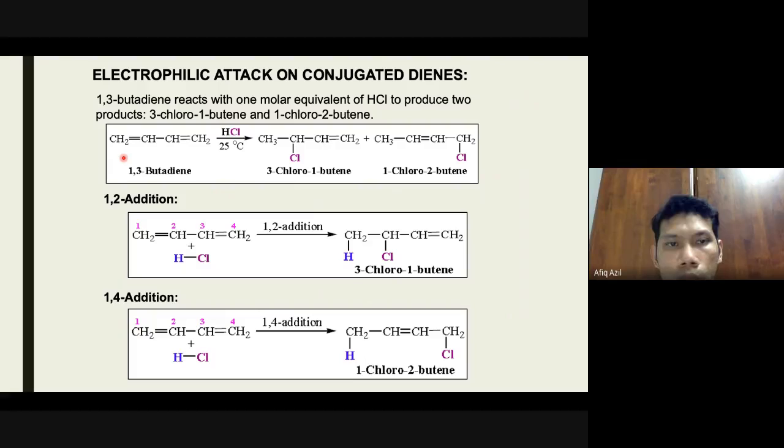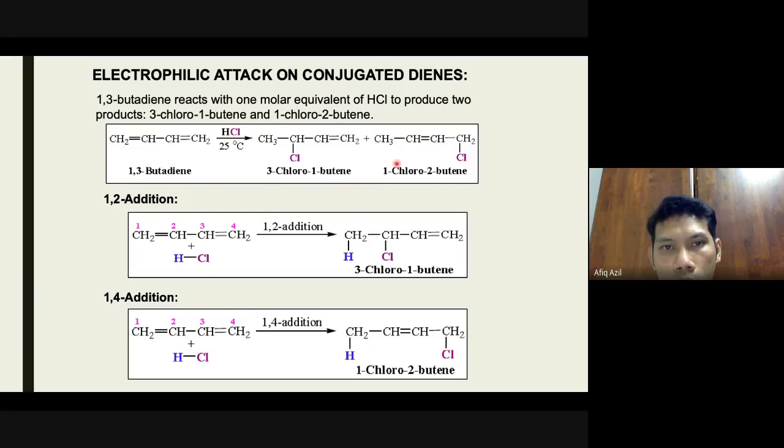For example, here we have 1,3-butadiene. 1,3-butadiene reacts with one molar equivalent of HCl to produce two products. Over here, the chlorine is added at this carbon, and the hydrogen at this carbon. Hence, you have these structures. Or you also have this, the second one.